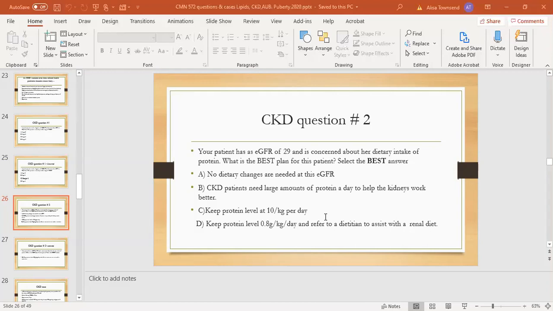So obviously D is the best answer. So make sure you read all of the questions and select the best answer. Don't get in a hurry when you're taking the test. You'll have plenty of time, and read all of the options available to you.